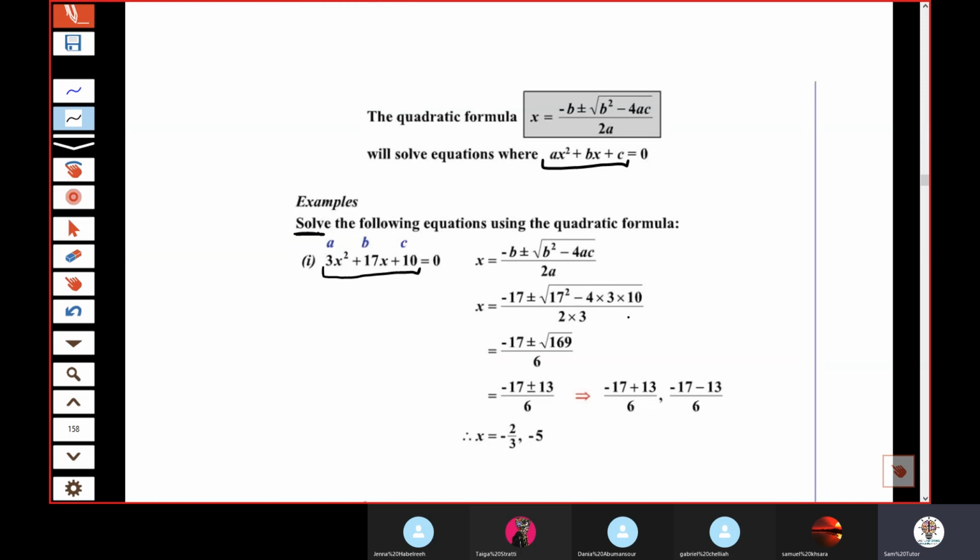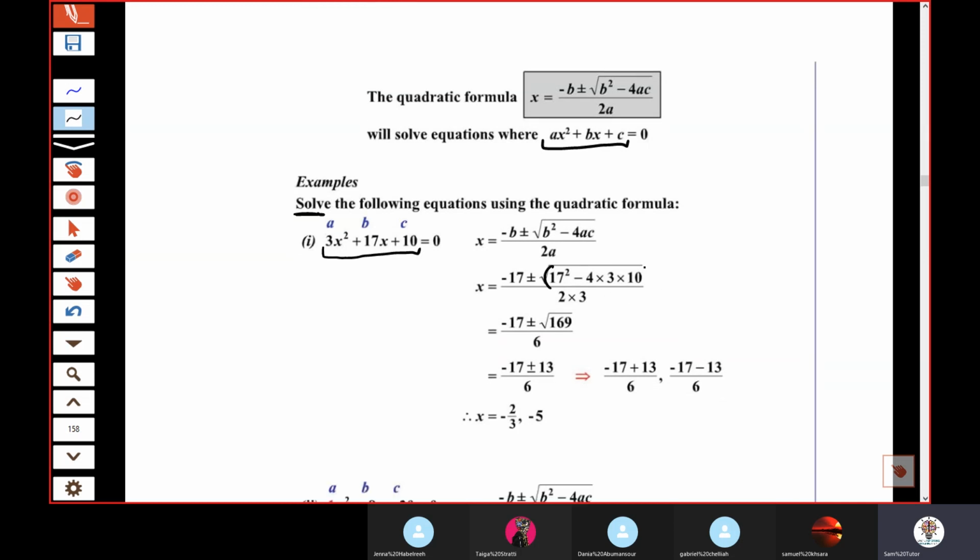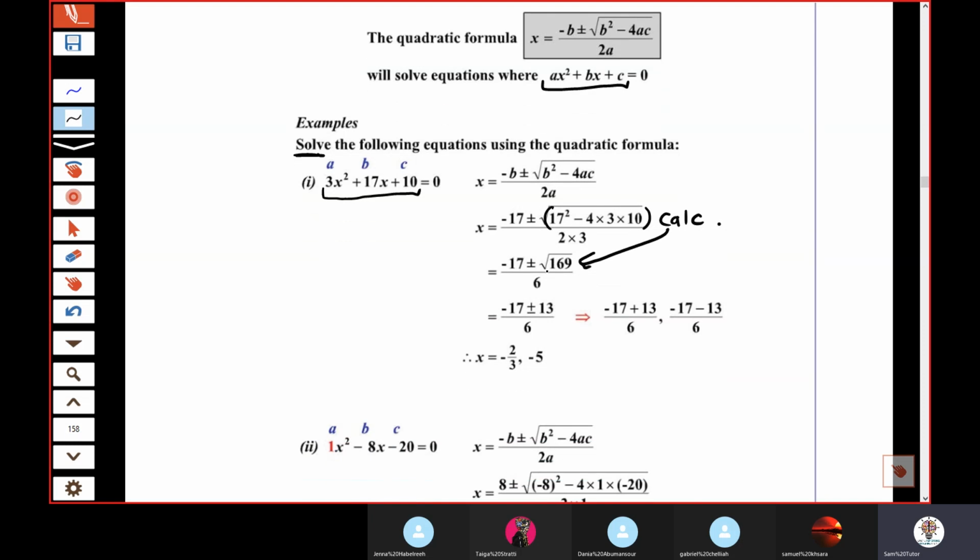Then all you do is put this in your calculator. It should give you 169. Just the inside. Do not put the square root in yet. Still with me? We'll do one together. Then you'll find what the square root of 169 is, which is 13. Does anyone know how we actually read this sign when it says negative 17 plus minus 13?